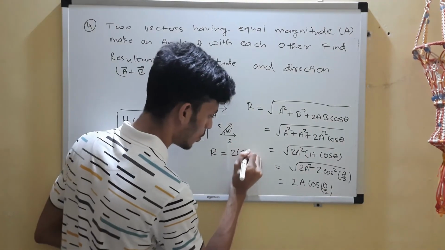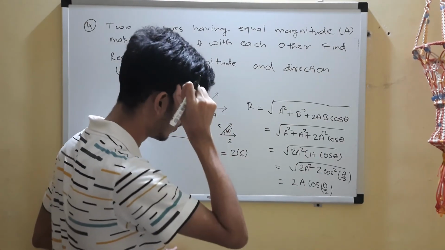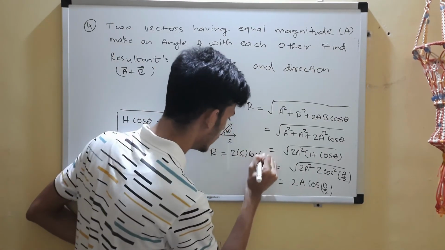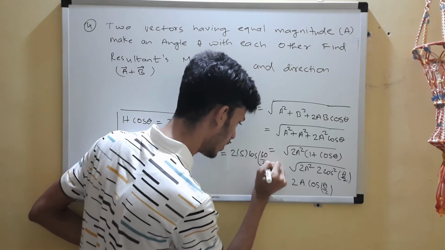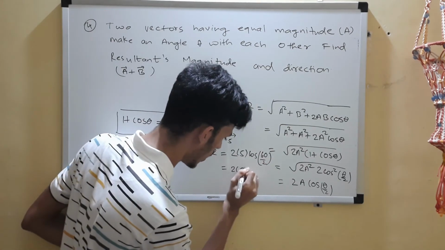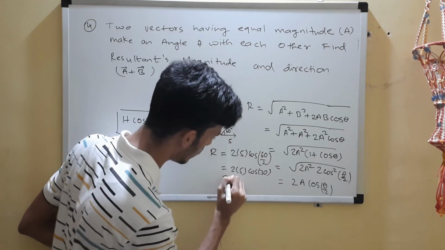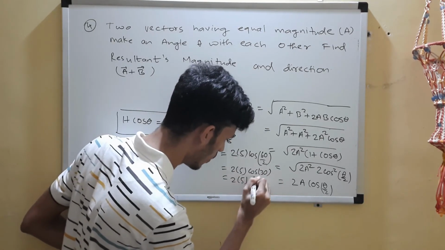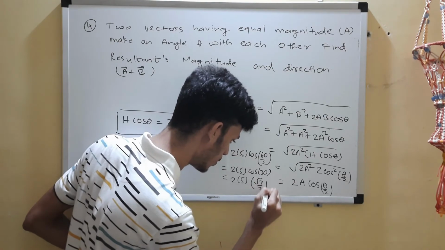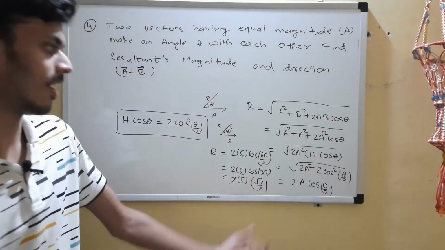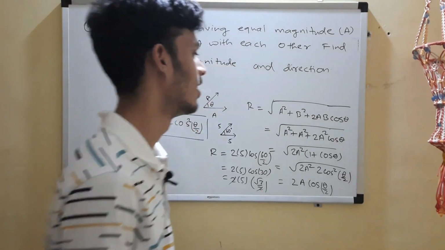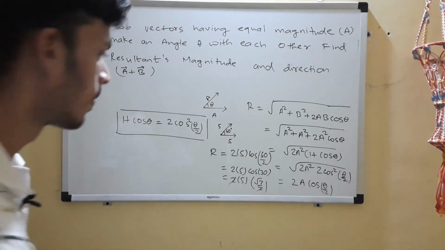So 2 into 5, 2 into a, any of the magnitude, cos 60 by 2, right? So you get 2 into 5 cos 60 by 2, cos 30. Cos 30 is root 3 by 2. So 2 into 5 into root 3 by 2. So this and this will get cancelled, and you have your answer 5 root 3, right? So instead of going by that long way.